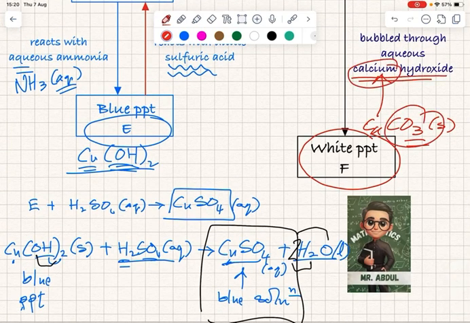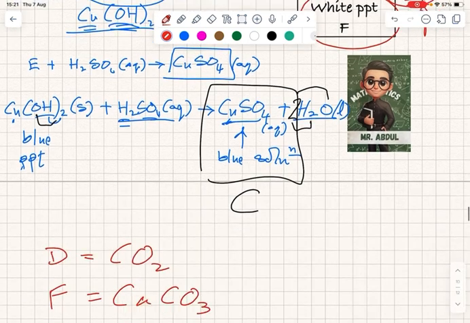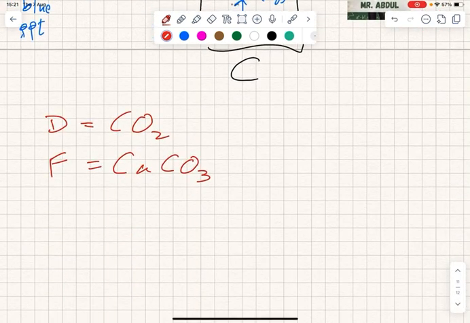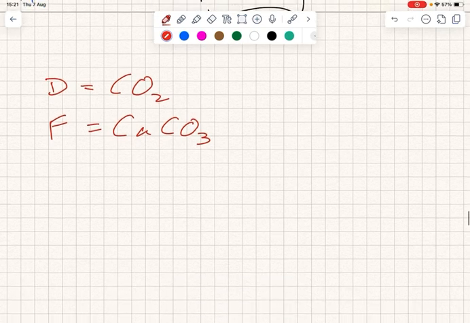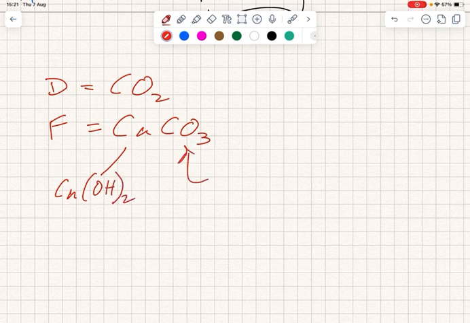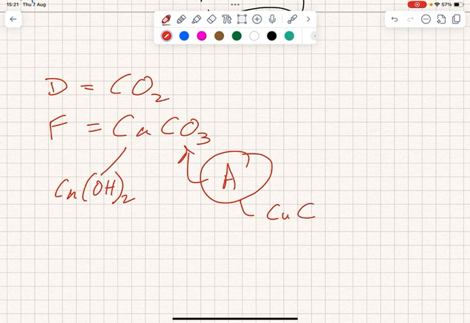Your carbonate must be from your green solid A, correct? Your carbonate must come from your green solid A. That means your solid A must be your copper carbonate, CuCO3. All right.